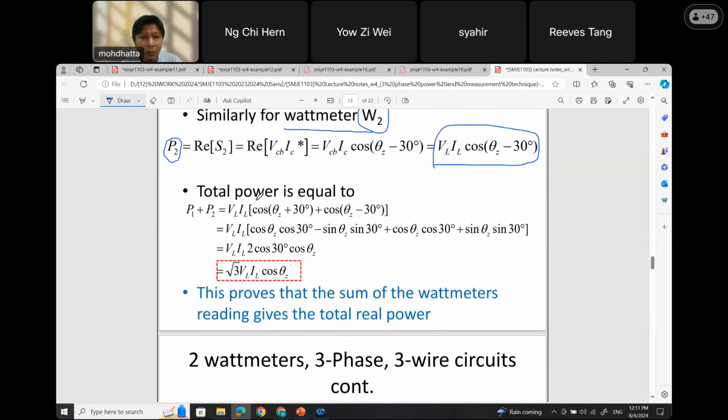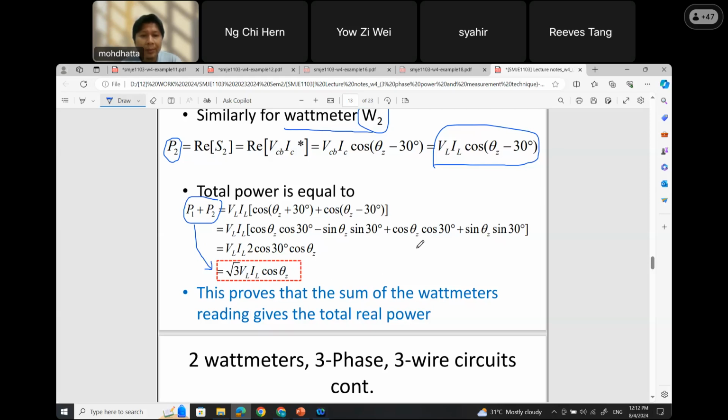And in order to calculate the total power, as I mentioned before, we just take the summation of both P1 and P2 to get our total three-phase power, which can also be calculated using this equation: 3 VL IL cos theta Z. Again, theta Z is here. It's very important, the impedance information.